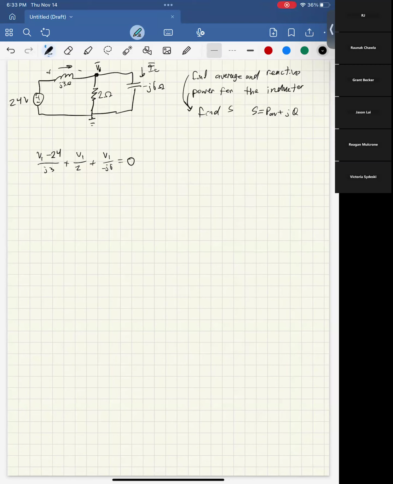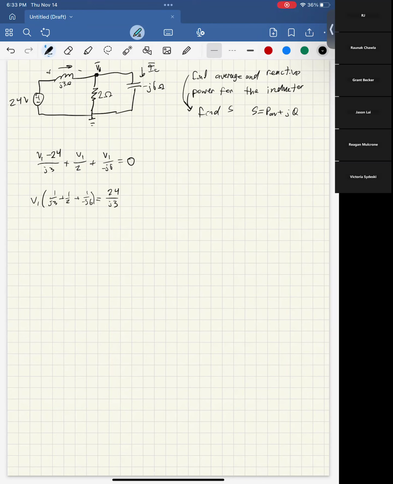So we take out the V1. We get V1 times (1 over j3 plus 1 half plus 1 over minus j6) equals 24 over j3. You could put this directly into your calculator, but I think you're not supposed to do that anymore.